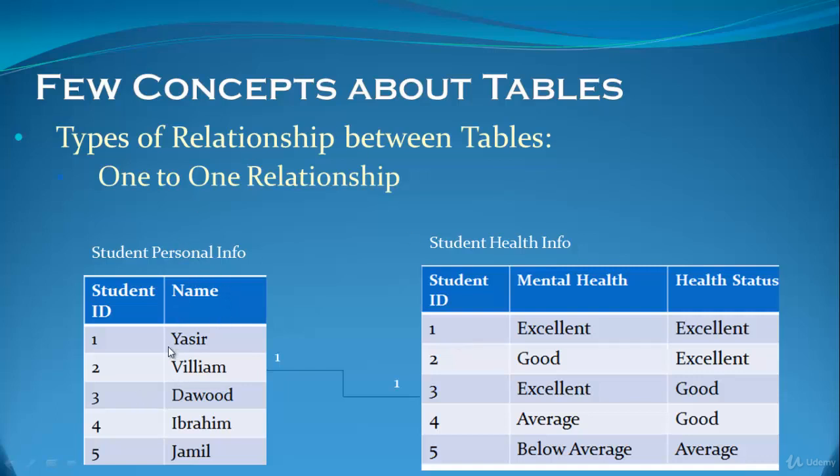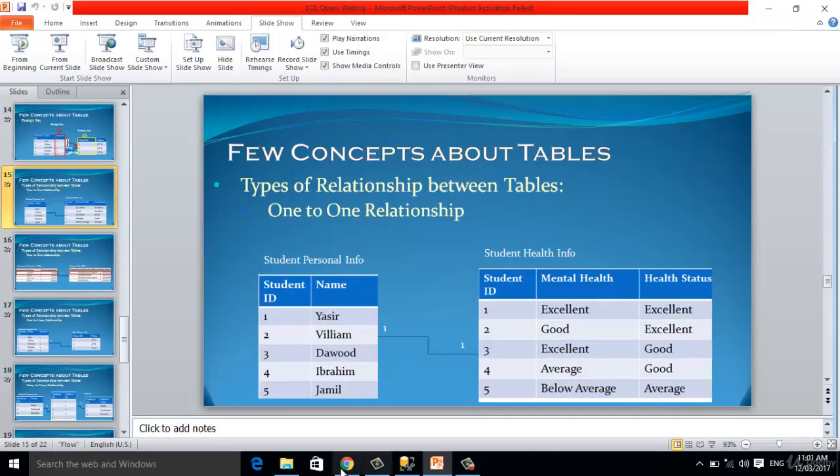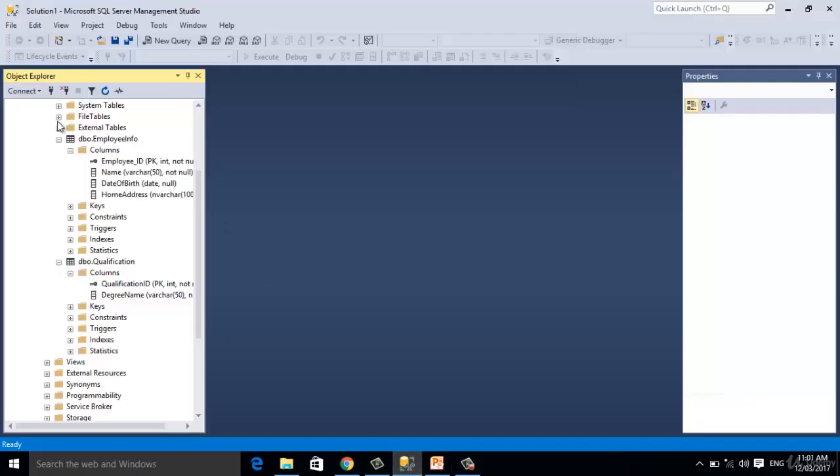To create the reference between both tables, we have added the ID of one table in another table. In our example, we have added the student ID in table 1 and in table 2.